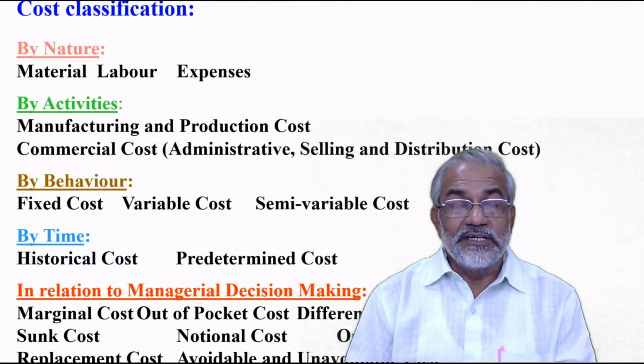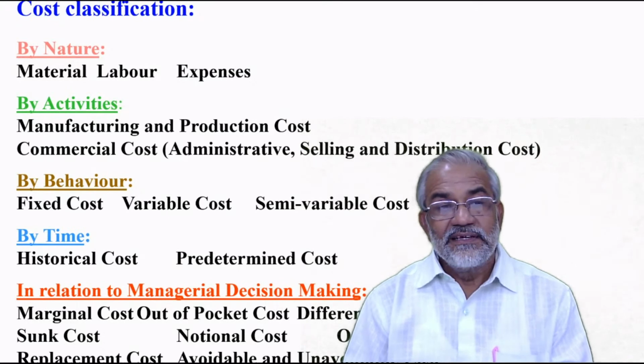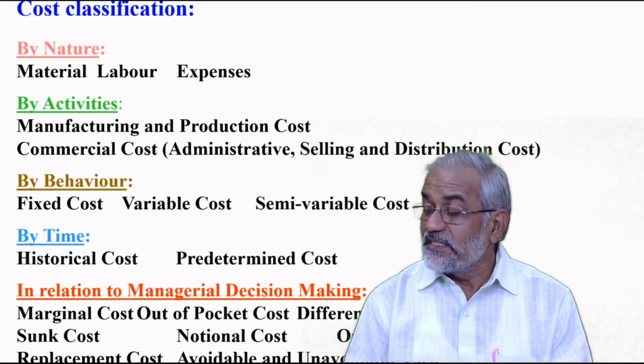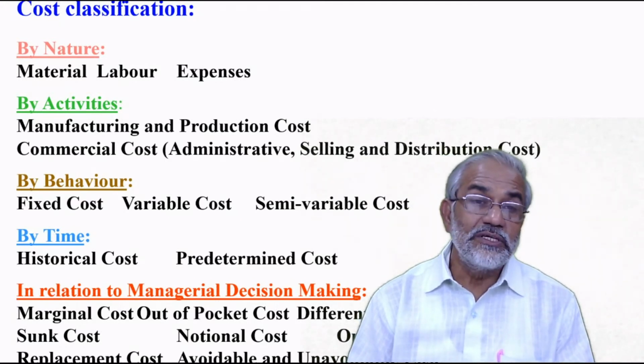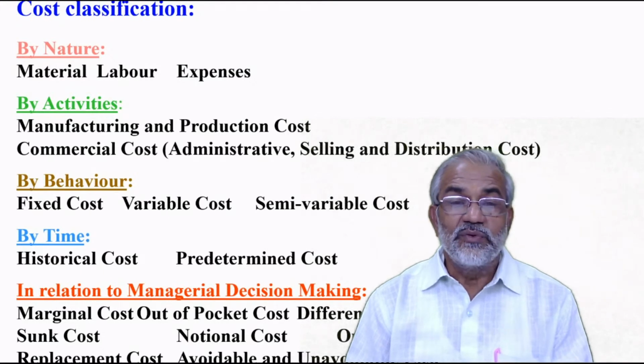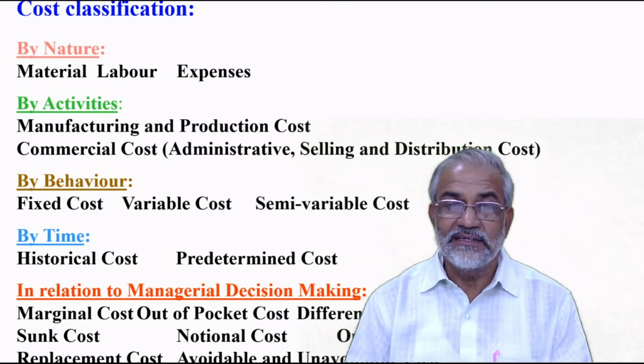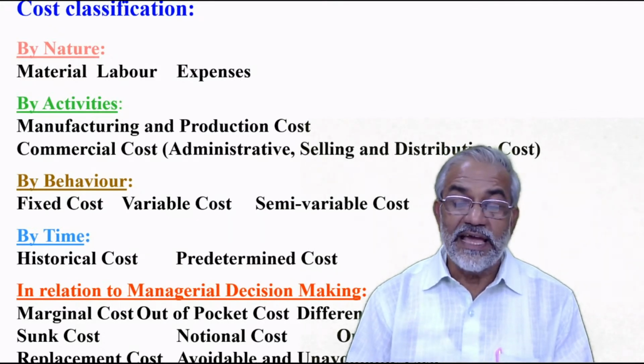So that comes under direct expense and indirect expense. Direct expense means the expense which is directly allocable or attributable or identifiable with the units produced, and which is not possible in case of direct allocation, attribution or identification will come under indirect expenses.